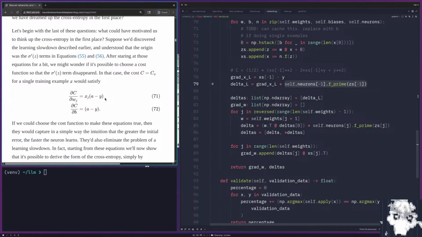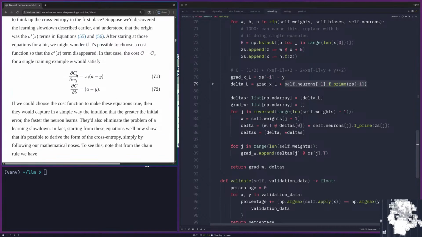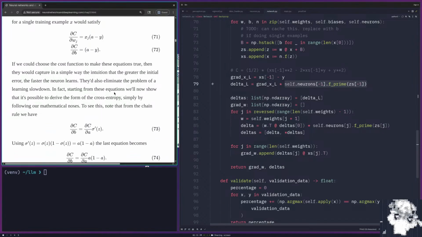Suppose we discovered the learning slowdown described earlier and understood that the origin was the sigmoid prime of z terms in equations 55 and 56. After staring at those equations for a bit, we might wonder if it's possible to choose a cost function so that the sigmoid prime of z term disappeared. In that case, the cost C = C_x for a single training example would satisfy these relationships.